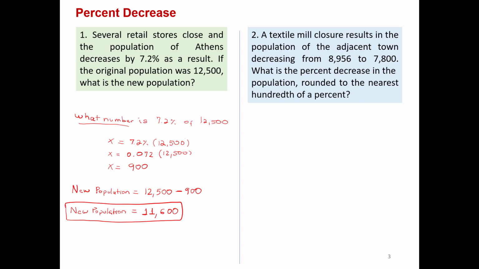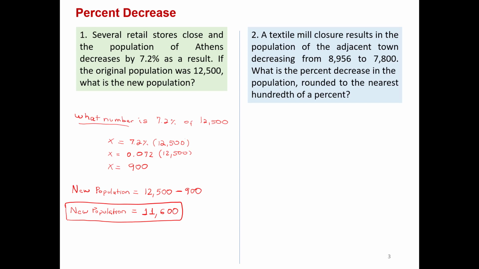And let's try problem number 2. A textile mill closure results in the population of the adjacent towns decreasing from 8,956 to 7,800. What is the percent decrease in the population?